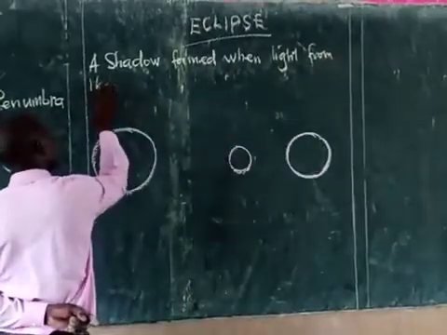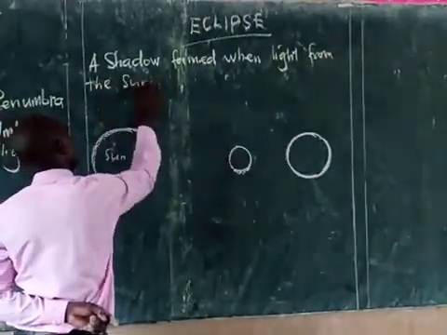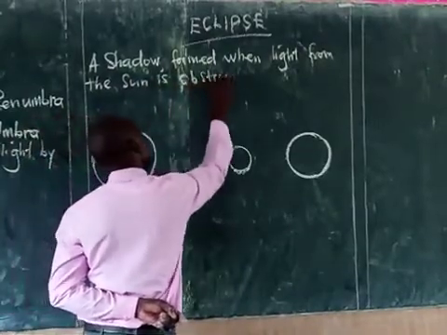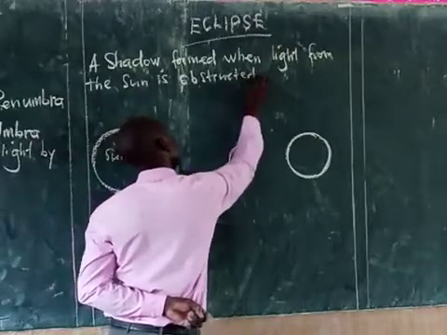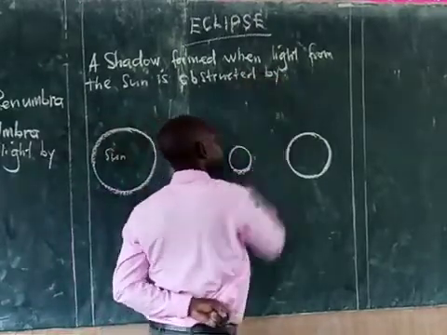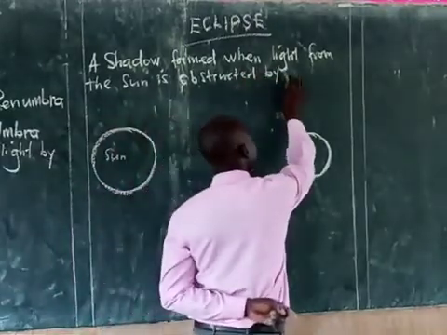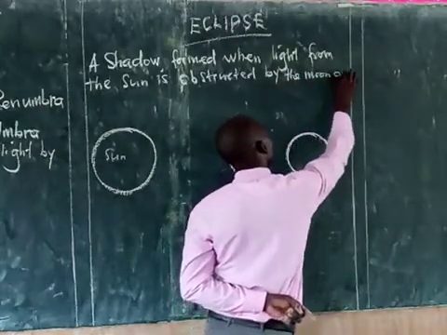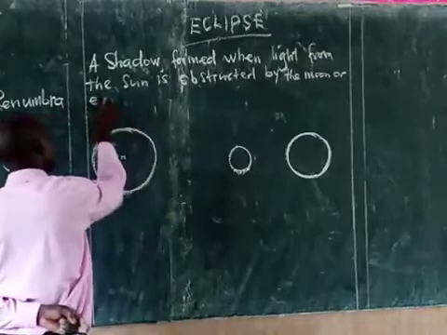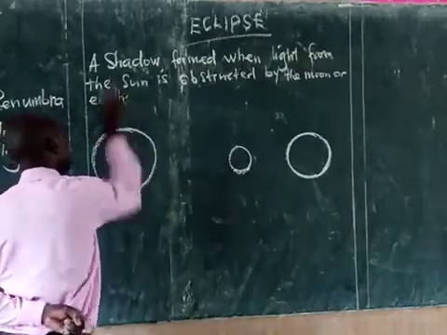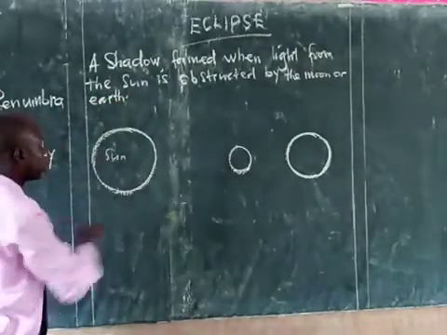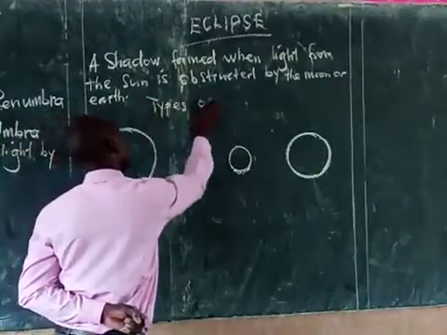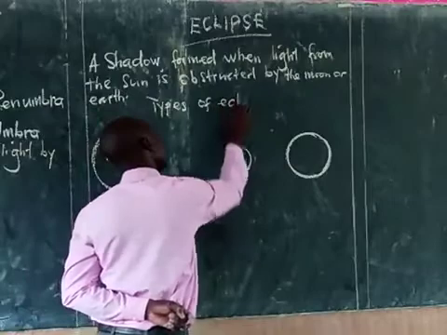Light from the sun is obstructed or blocked by which bodies? Mostly we're using here the moon or earth. That's what eclipse is. So let's look at these types of eclipse as they are here.